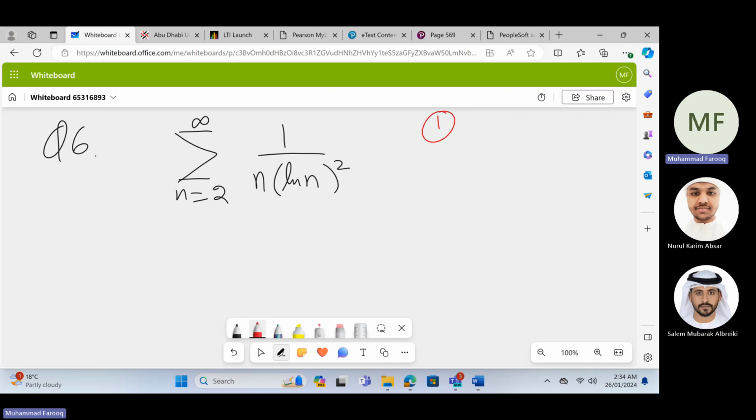This function is positive from 2 to infinity. P, yes, done. Number 2, C, continuity. Is there any number you substitute here that gets undefined? No. From 2 to infinity, any number that makes the answer undefined? No. So continuous? Yes. Number 3.